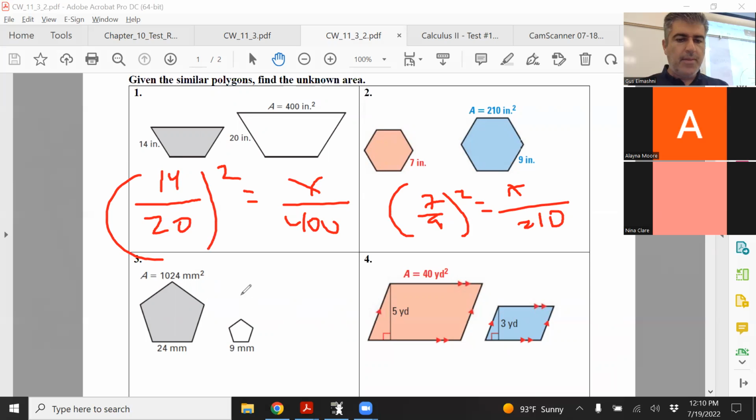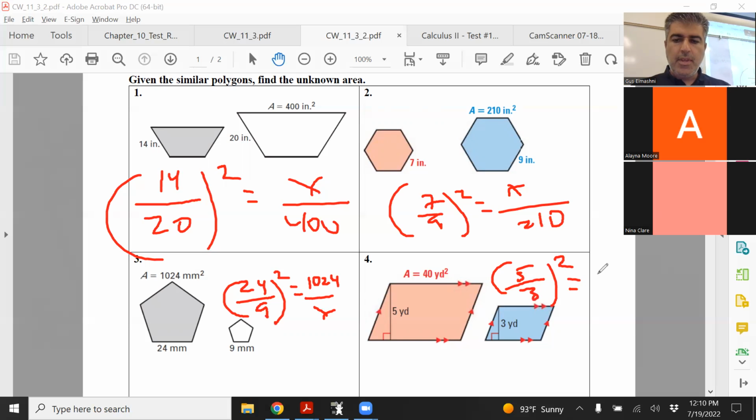Here, 24 out of 9 squared equals 1024 over x. And those are going from left to right, right? And then 5 over 3 squared equals 40 over x.